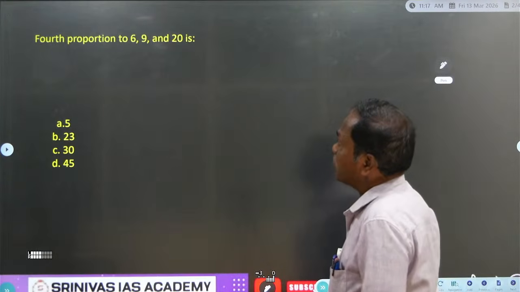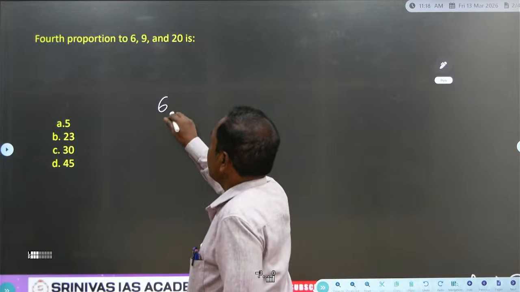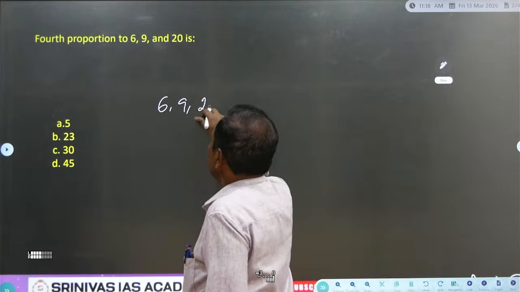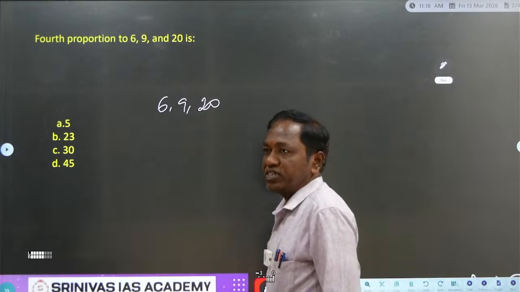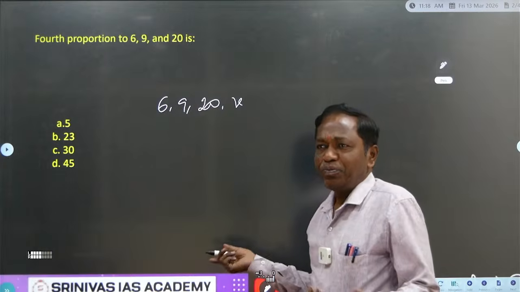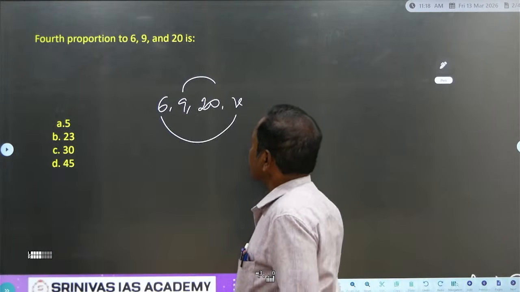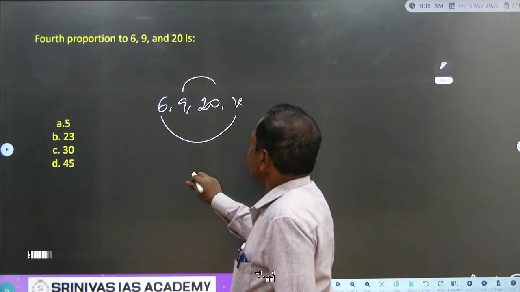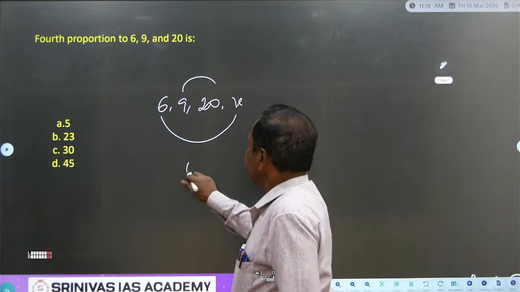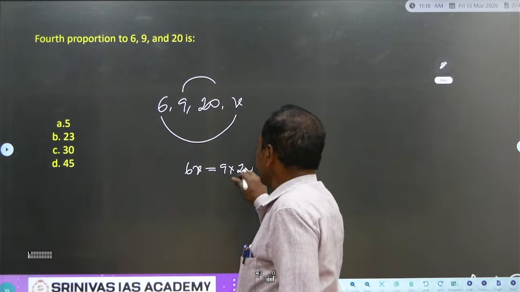Now, the fourth proportion of 6, 9, 20 is... See that 6 is there, 9 is there, and 20 is there. What is the fourth proportion? You can treat it as x because three numbers are there, no problem at all. And see now, product of means is equal to product of extremes. It means 6 into x equals 9 into 20, right?